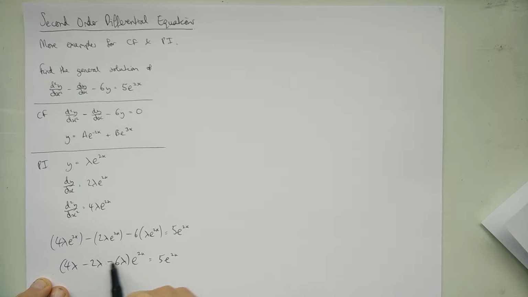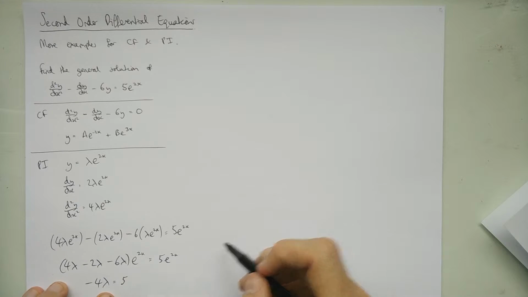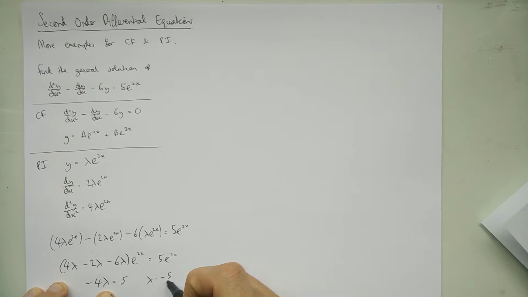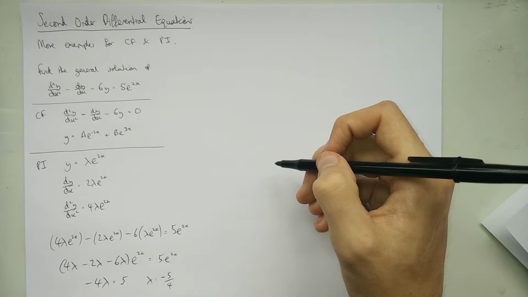And we can see that this bit here must equal this bit here. In fact, how many lambda have I got here? I've got 4 minus 2, which is 2, minus 6, that's minus 4 lambda. So minus 4 lambda must be equal to 5 there. Just double check that. Yeah, it looks right. So that means that lambda must be minus 5 over 4. We divide by minus 4.